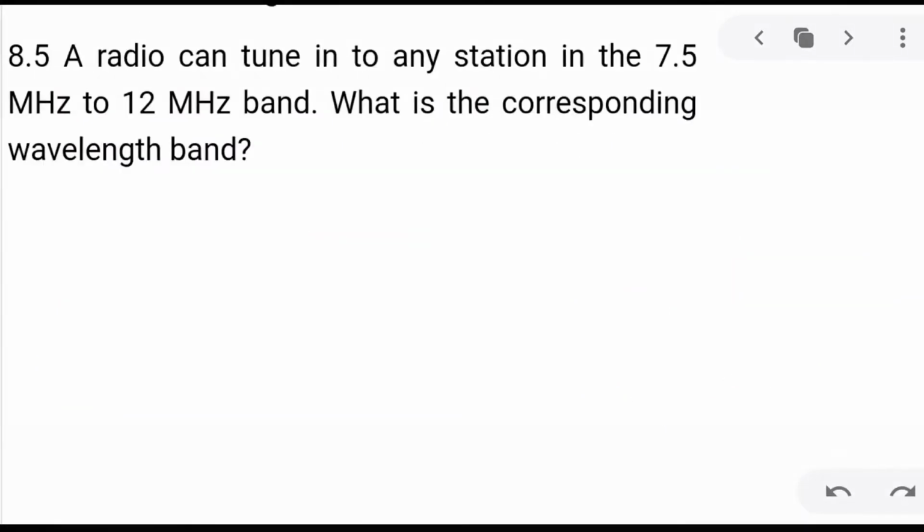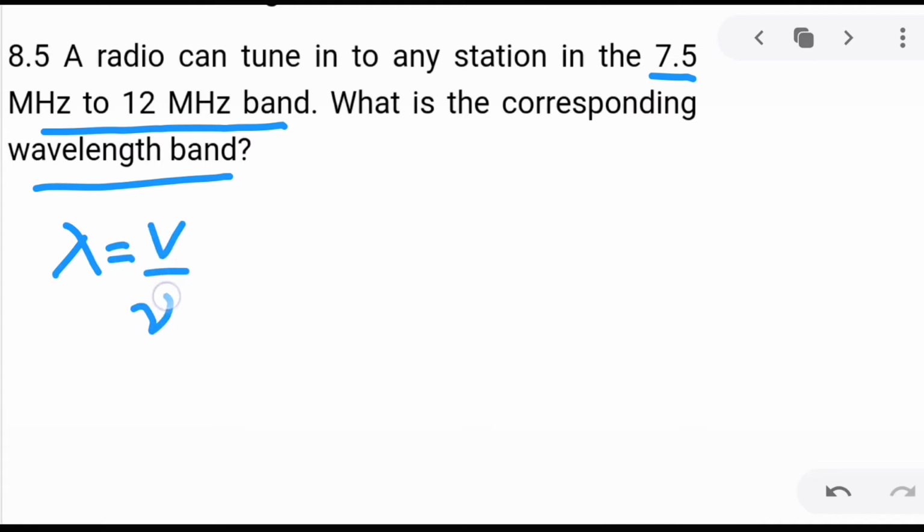Now next question. A radio can tune into any station in 7.5 megahertz to 12 megahertz band. What is the corresponding wavelength band? Frequency band is given, wavelength band is asked. So again we have the relation lambda is equal to velocity divided by frequency.